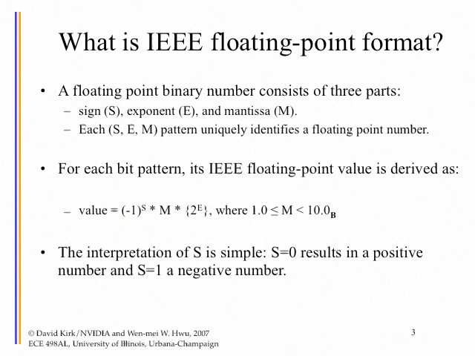And so you have -1 raised to the power of s. For those of you who know, anything raised to the power of 0 is 1. Okay, so whether it's negative or positive. So it's just a simple way of saying that the number will be either -1 or +1. When you multiply by -1 or +1, so S is 0 you have a +1, S is 1 you have -1, right?